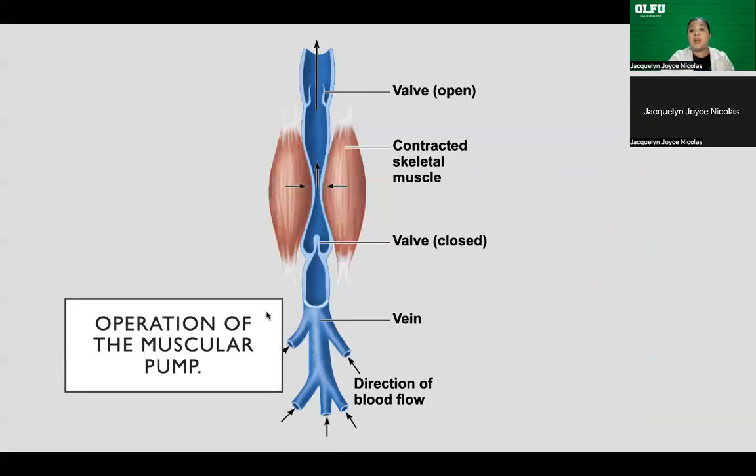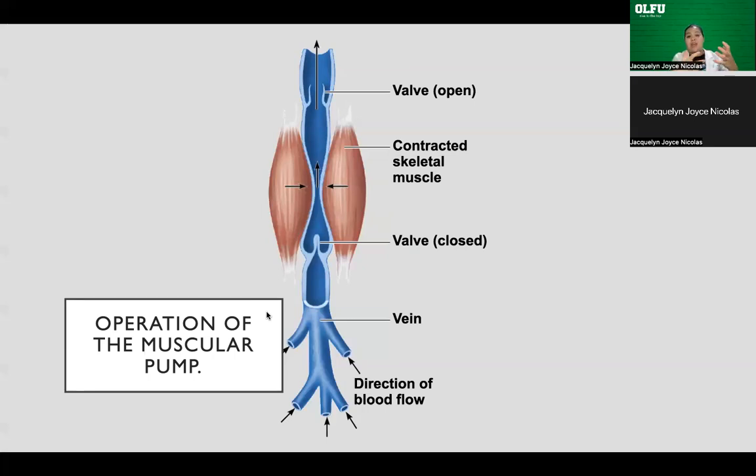This is how the blood flows in the vein. Okay, sabi ko sa artery, the blood is being pushed by the pumping action of the heart. In the vein, the blood is being pushed back to the heart by means of skeletal muscle contraction. So it's like it's being milked upwards, okay, if it's from the lower extremities. So definitely when the muscles contract, it will squeeze the blood vessel, okay?